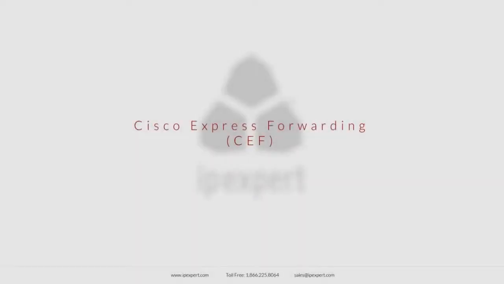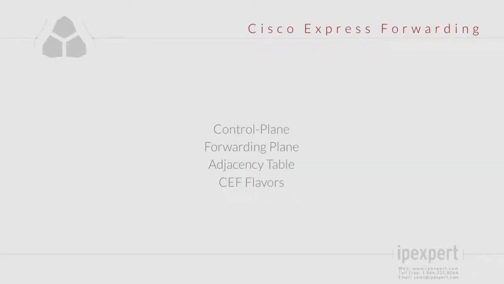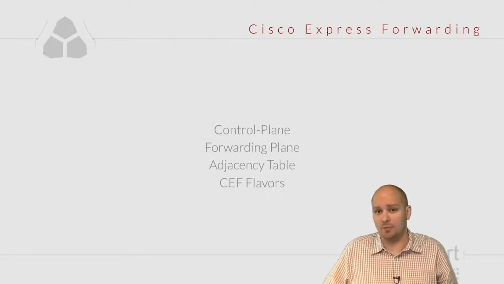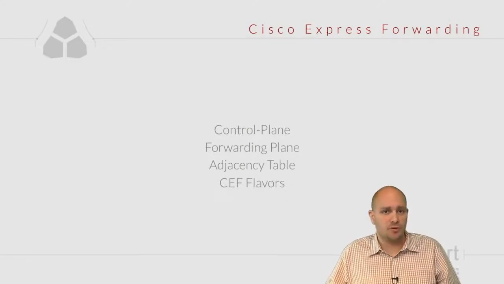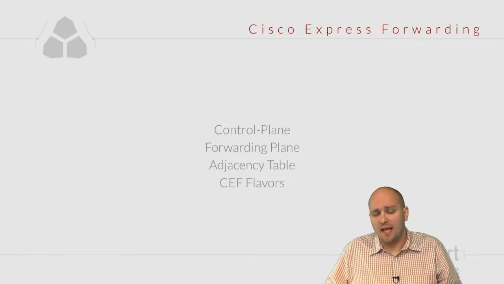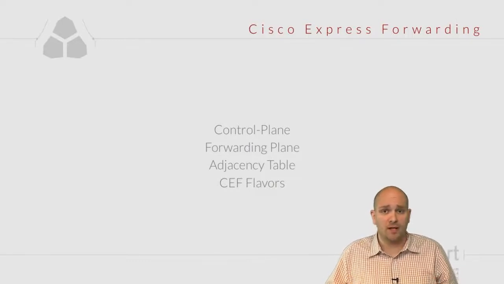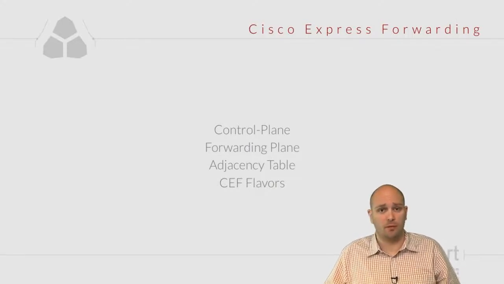The cornerstone of efficiency in Cisco multi-layer switches is Cisco Express Forwarding. At its fundamental, Cisco Express Forwarding, or CEF as Cisco calls it, is a set of functions and tables that separate the operations on the multi-layer switches into distinct control plane operations and forwarding plane operations.